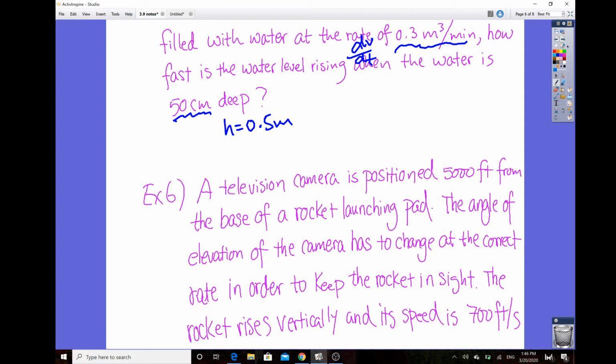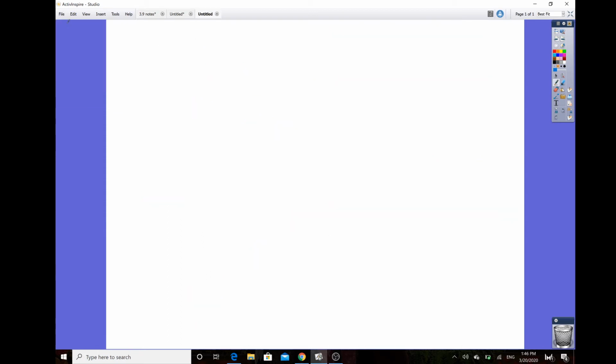Okay, on the new slide here. Once again, let me just redraw that water drain. So a trapezoid, and then we just want to extend this one, and then the bottom, then the top, then the base.